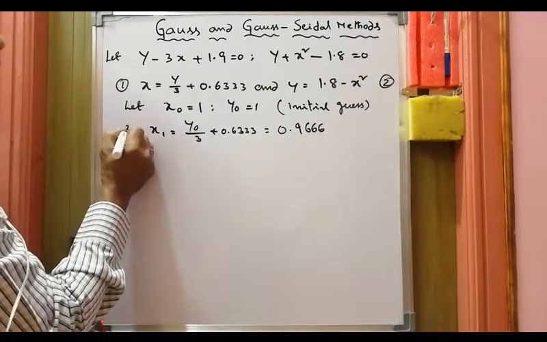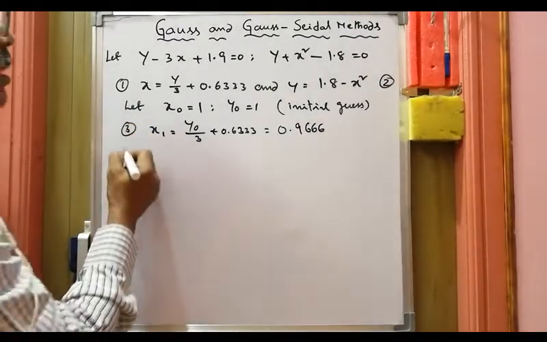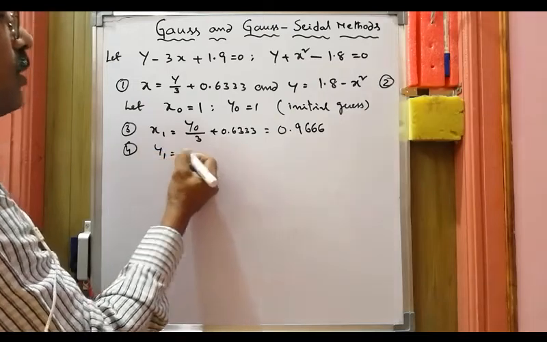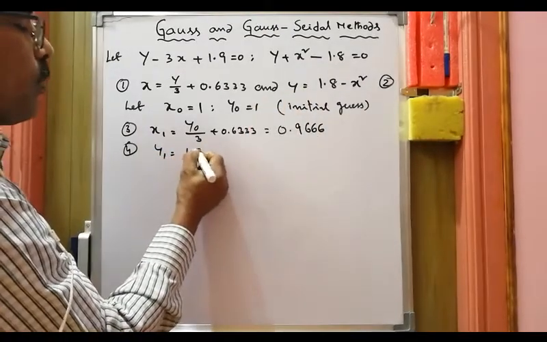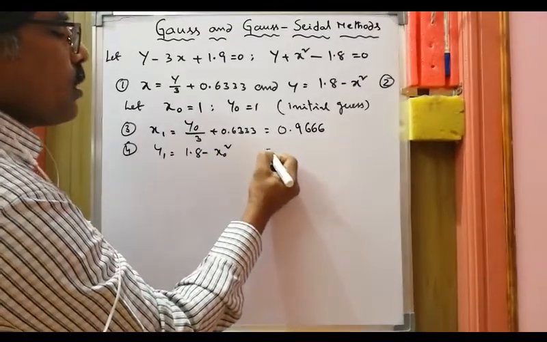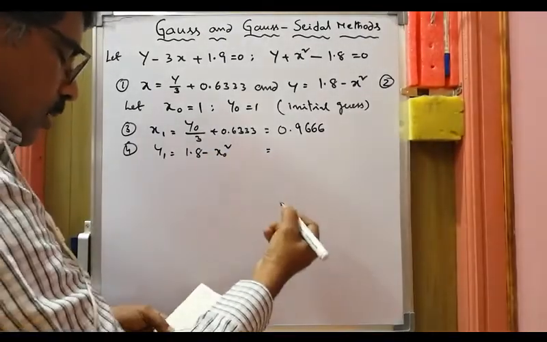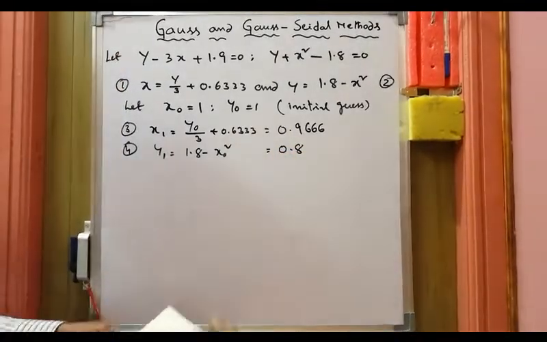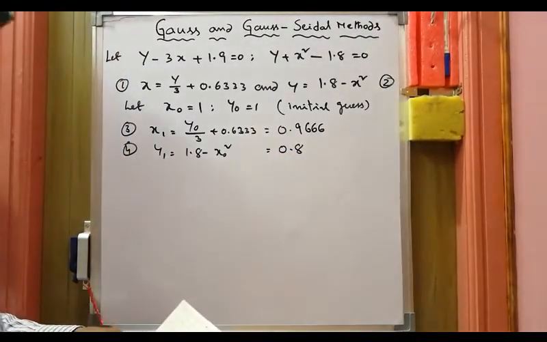So let this be 3. Likewise, to take y1, substitute 1.8 minus x0 square. This is 0.8. So let this be the fourth equation.